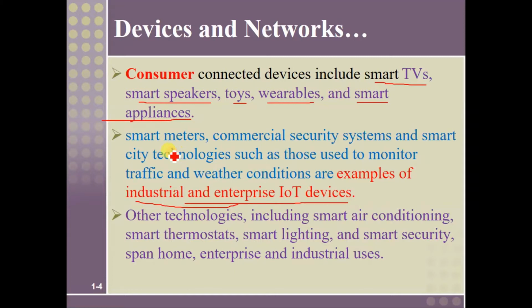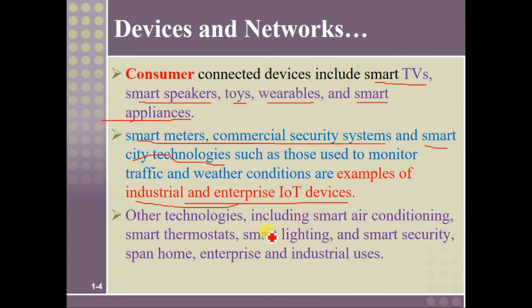Smart meters, commercial security systems, and smart city technologies that are currently being practiced or developed as a project in the capital city of Ethiopia, Addis Ababa, can be classified as industrial and enterprise IoT devices. There are also many other technologies that can be classified under this category.